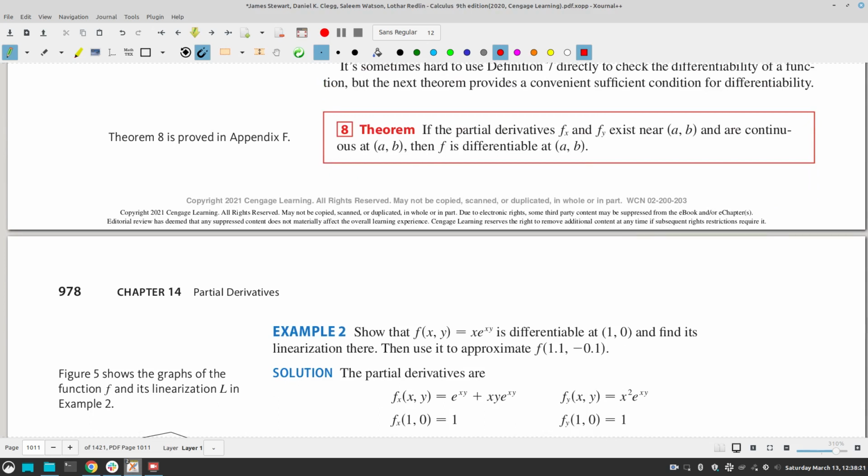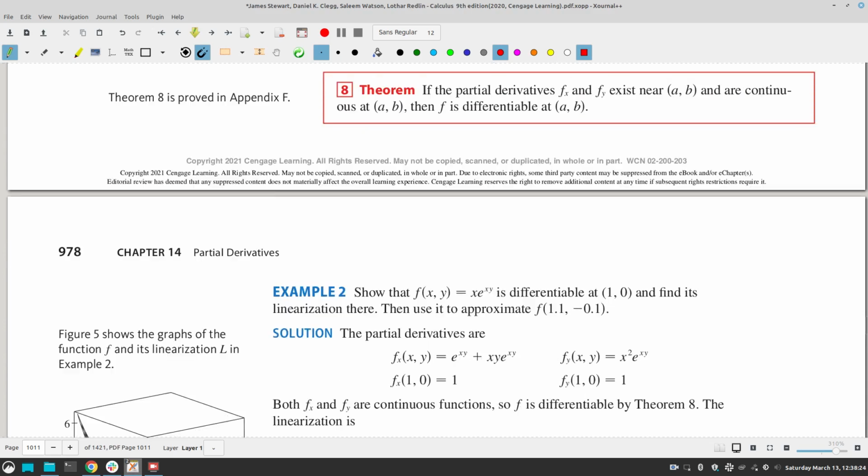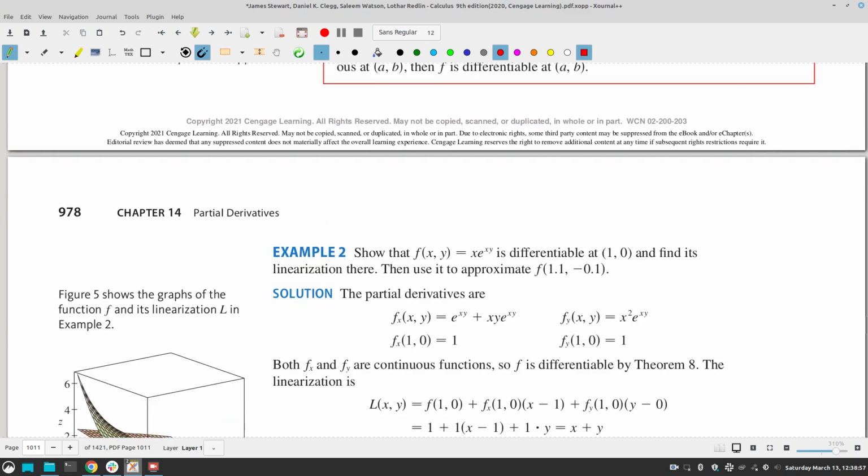And they're continuous everywhere, not just near. Our theorem just requires us to find derivatives that are continuous near x naught, y naught. But these derivatives exist everywhere, and are continuous at a, b, of course, since they're continuous functions.